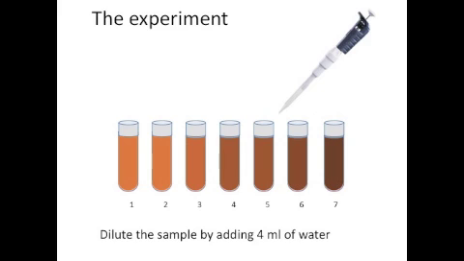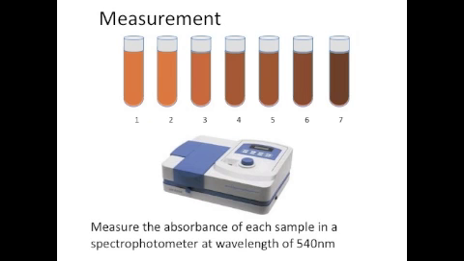This is actually too dark to measure, and therefore you need to dilute it down by adding water as described in the protocol. You're now ready to measure the absorbance of your samples. Using a spectrophotometer at the wavelengths indicated, measure each sample and make a recording of that.